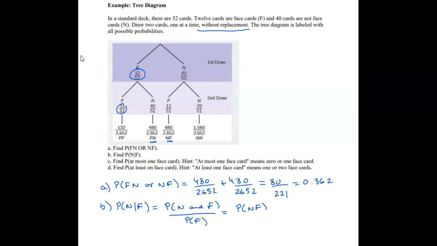As put in our tree diagram. So NF is 480 divided by 2652.